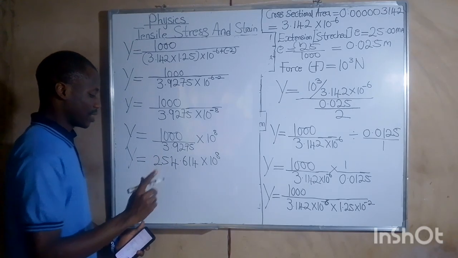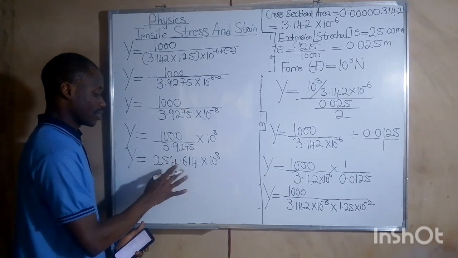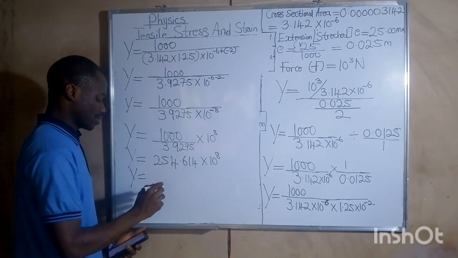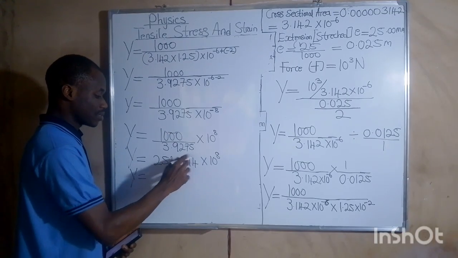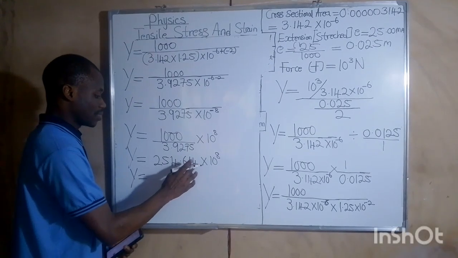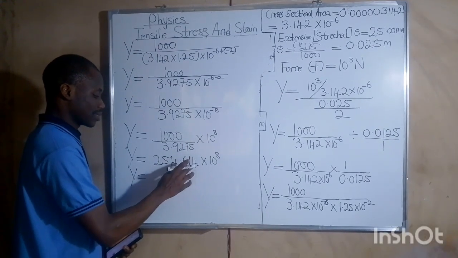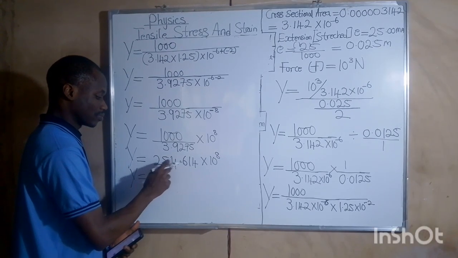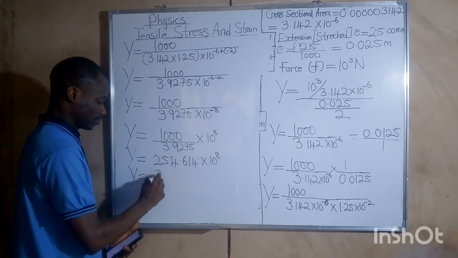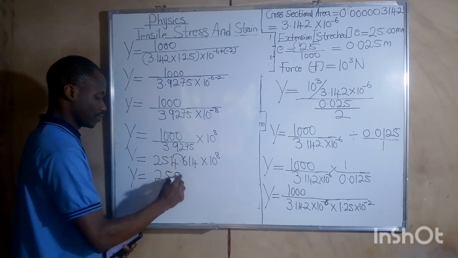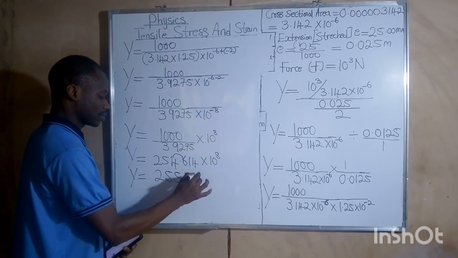But that's not our final answer. Let's see if we can make it to the nearest decimal. So now, let's say this is 254.614. We change this one to its standard form. Let's say this is 254.6. Then remember that we're going to take this one as a whole number, 255. We have approximated to the nearest whole number. Then times 10 raised to power 8.